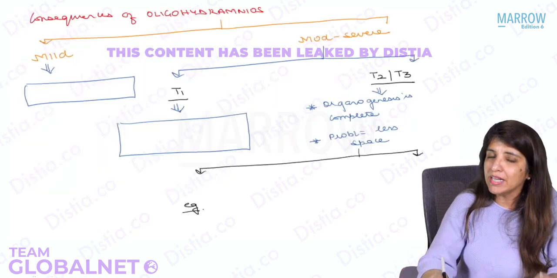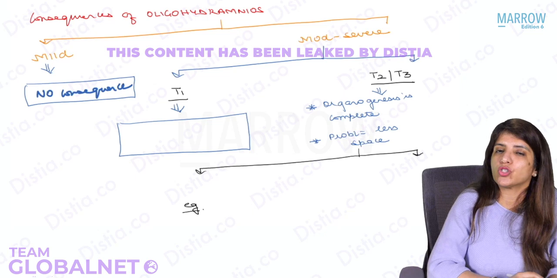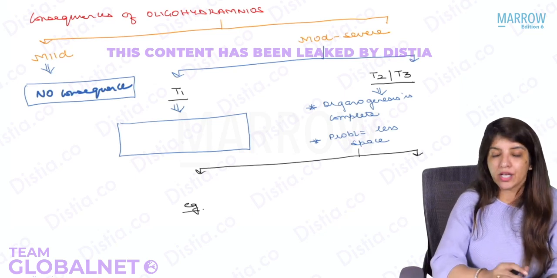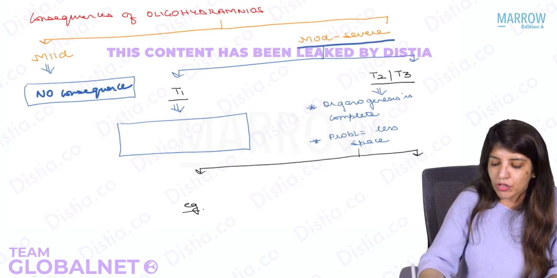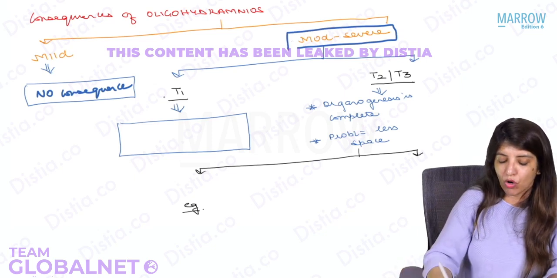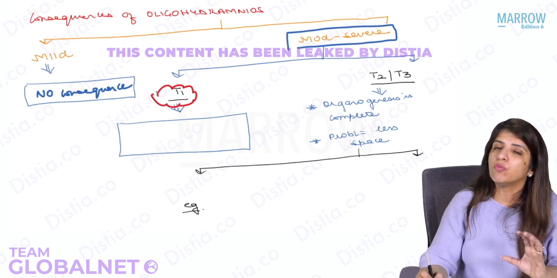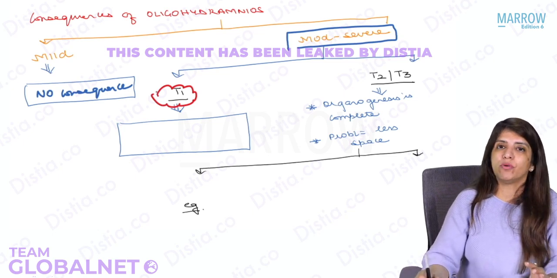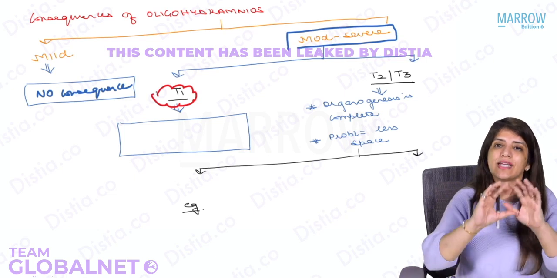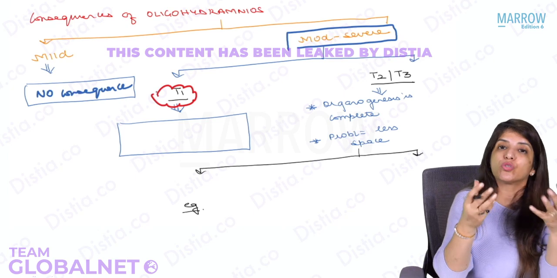Now, what are the consequences of oligohydramnios? If there is mild oligohydramnios, there is no consequence. But if oligohydramnios is moderate to severe, and it is happening in the first trimester, see, what was amniotic fluid doing? Amniotic fluid was distending the uterus so that the fetal parts get space to grow.